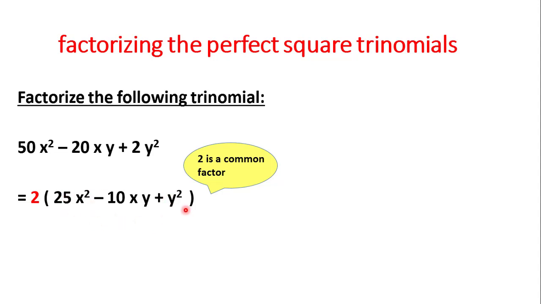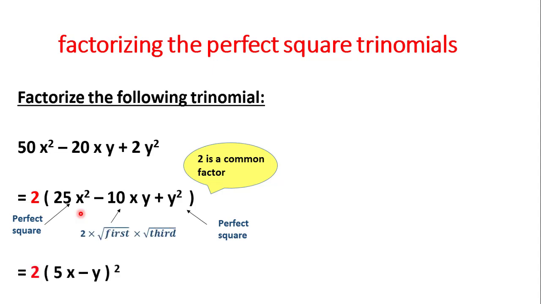So this trinomial between brackets is a perfect square. So I can factorize it as 5x, this is root the first, minus, this is the sign of the middle, and root the third. So 5x minus y all to the power 2.